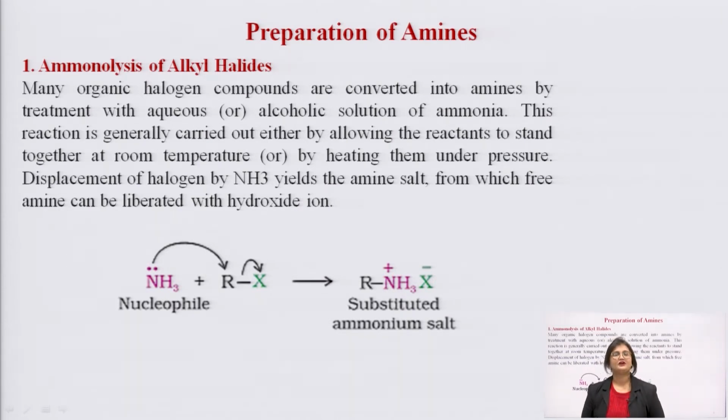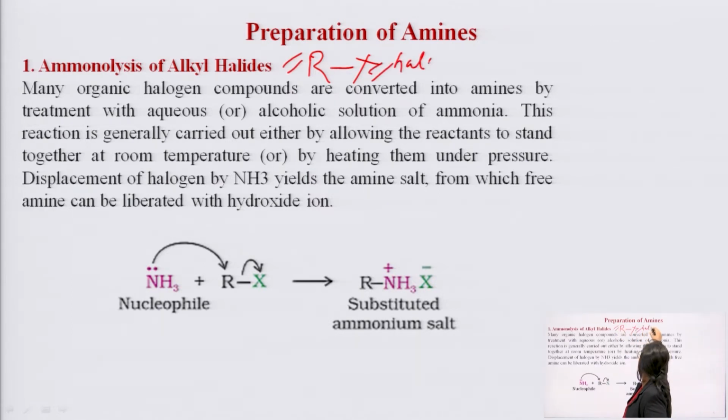So, the first preparation would be by ammonolysis of alkyl halides. Alkyl halides are denoted by RX, wherein R represents the alkyl group and X represents the halogen.